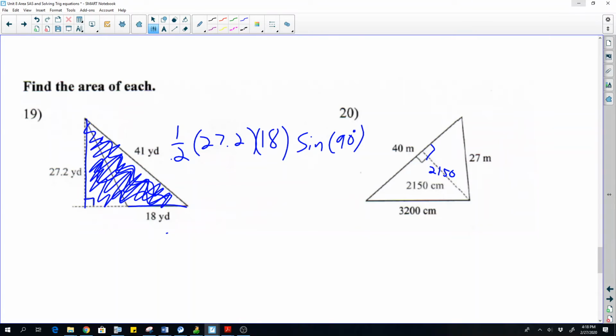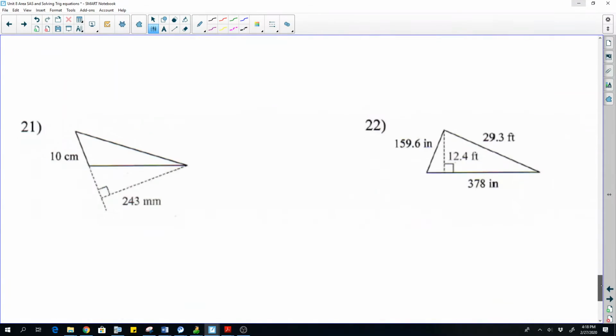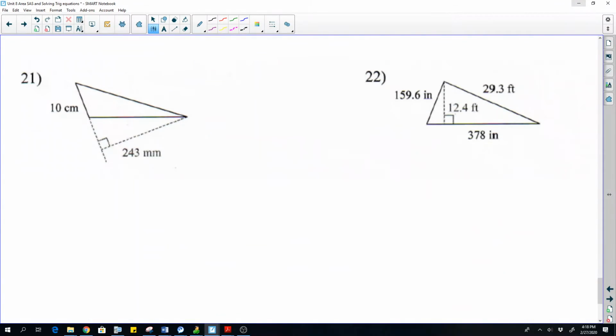See you, Bowen. So I guess all these ones, you just do that same kind of process. So we're looking at a 90-degree right angle there. Must be a postulate there. But that's the only information we have on this one especially. Okay, so we'll do 1/2 times 243 times 10 times sine of the angle.